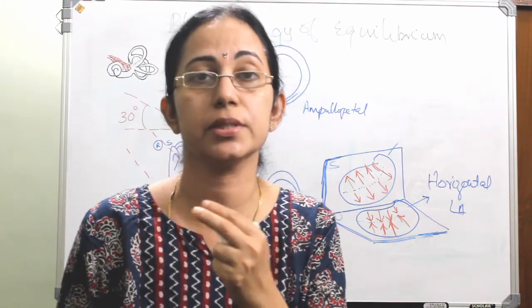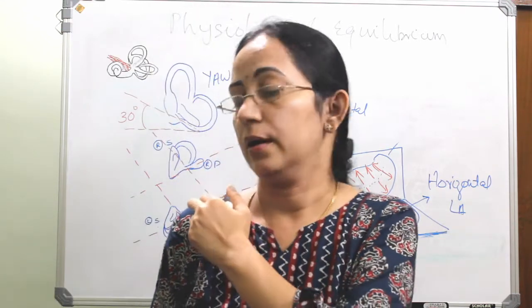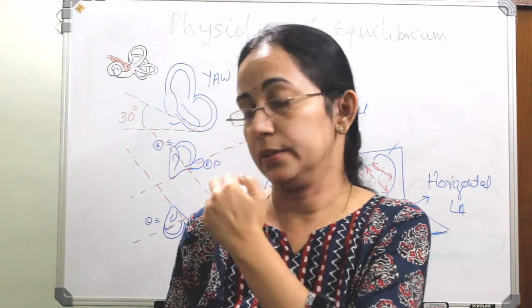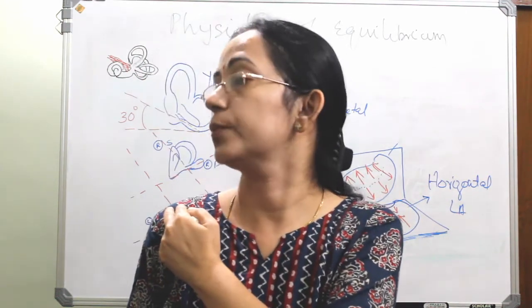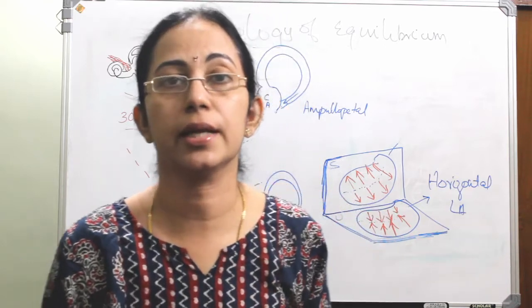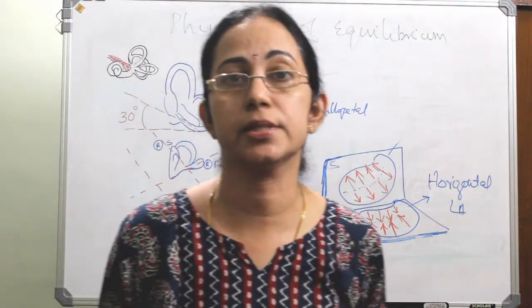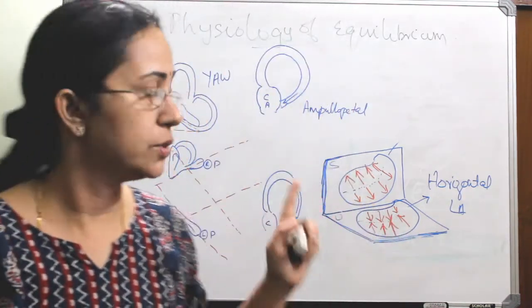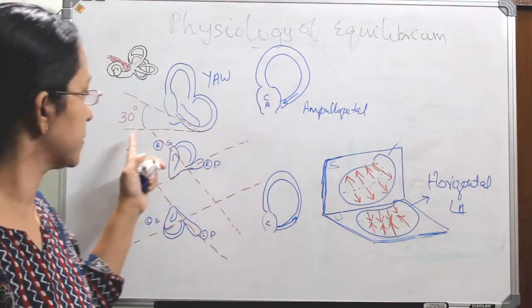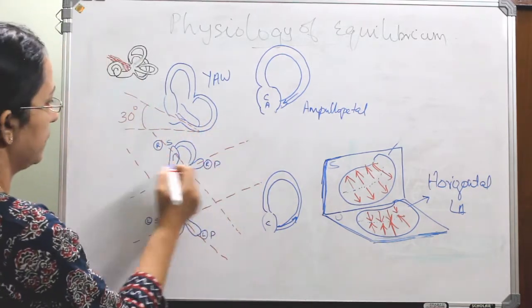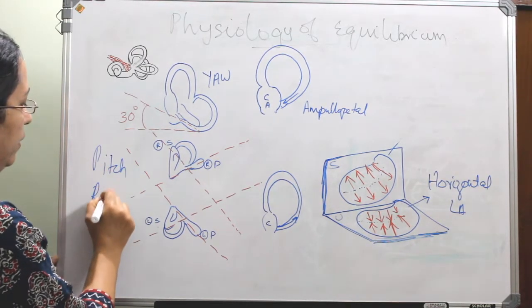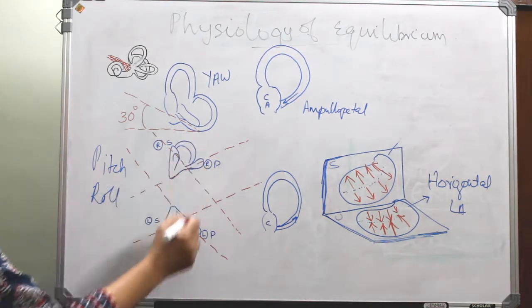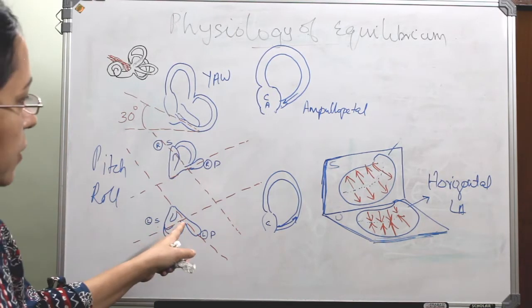So the yaw position is the jaw in approximation to the shoulder, and if there is a pitch movement, which semicircular canal responds at maximum? My posterior semicircular canal. Okay, so the yaw movement, horizontal semicircular canal; the pitch as well as the roll by both superior as well as the posterior semicircular canal.